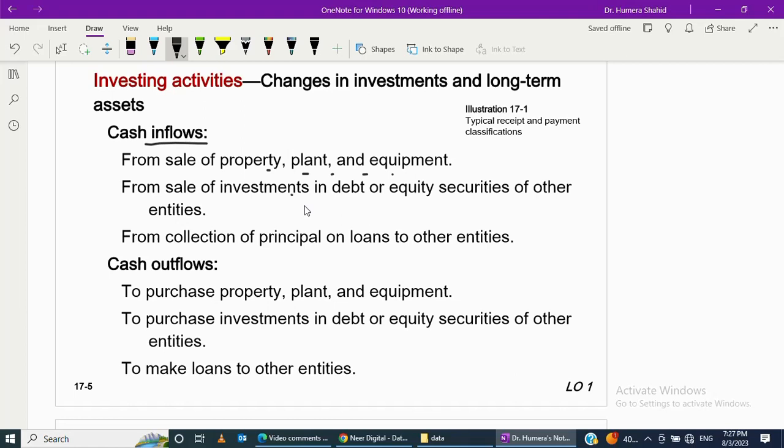If you have given a loan to someone, when that loan comes back, you collect the principal, you get the money. Outflow is the opposite of inflows. When you purchase property, plant and equipment, when you purchase investments, when you give a loan to someone, all these things take the money from you, so they are outflows.